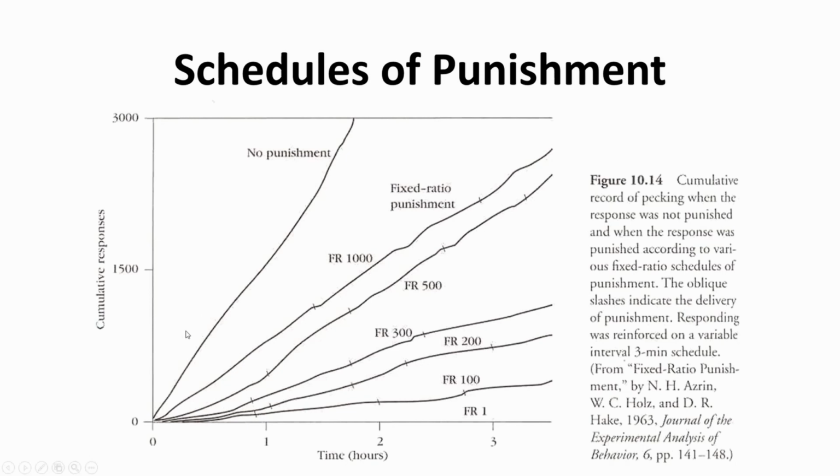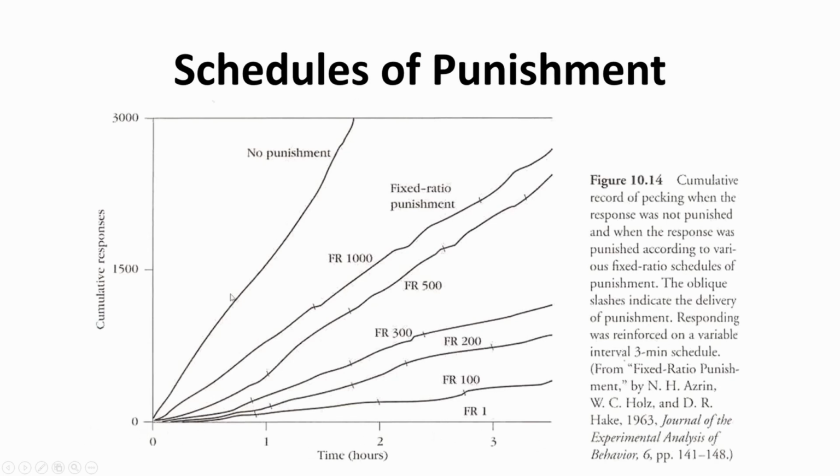But the different ratios, the different schedules that we use for delivery of punishment can affect how the behavior changes. So for this graph here, we're looking at cumulative number of responses. A higher value here means that they are doing the conditioned response or the operant response a lot more often. Lower score means that they're performing that behavior less often. And then this axis is just time as per usual.